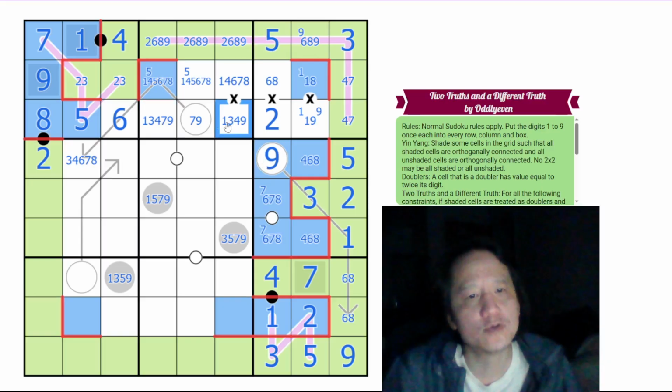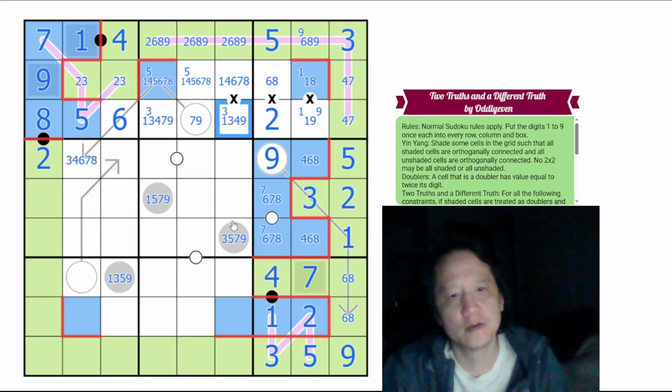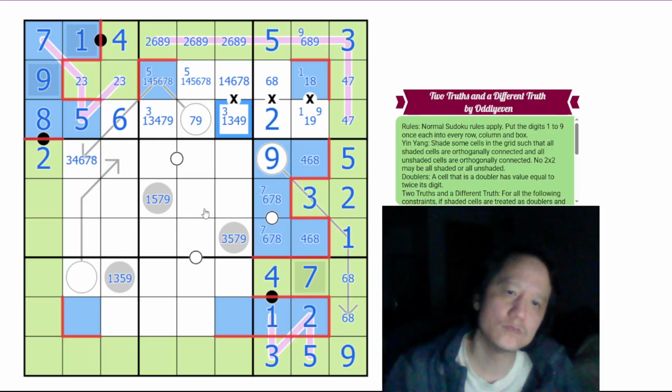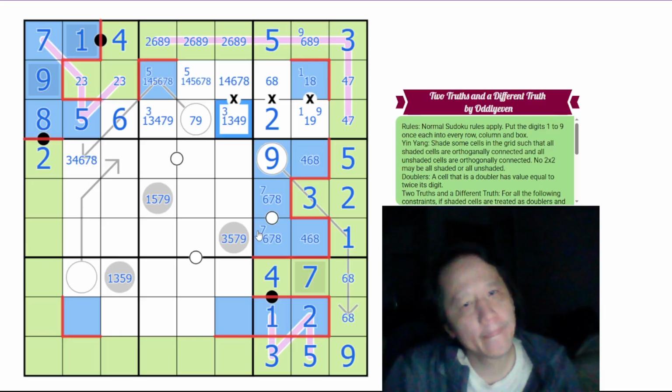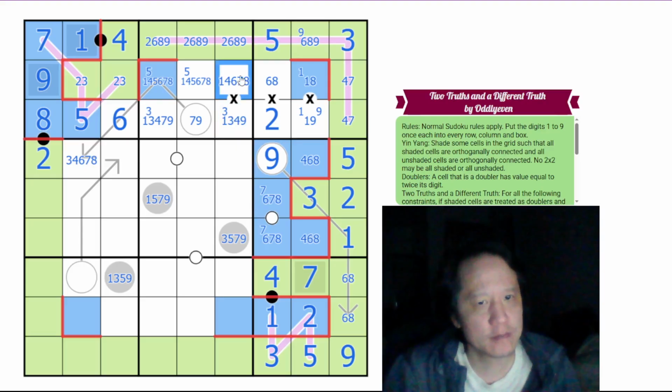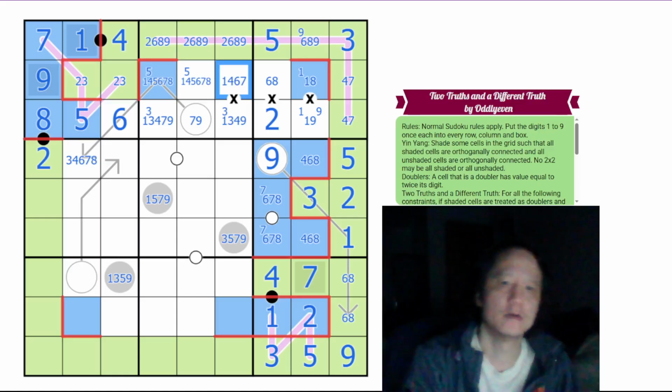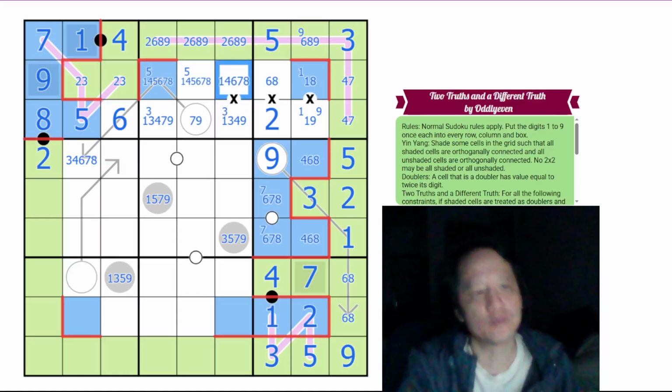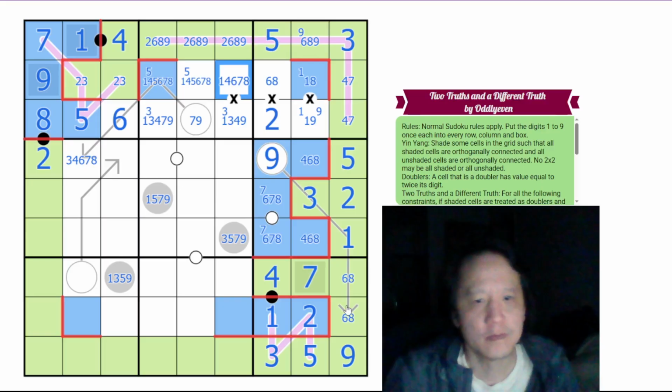Well, guaranteed one of these digits is a 3. Three doubled with 4 works. 3 with 7 works. 4 doubled with 1 doubled works. 4 and 6 works. 8 can never be here. 8 could work with 1 doubled. Never mind. That's fine.